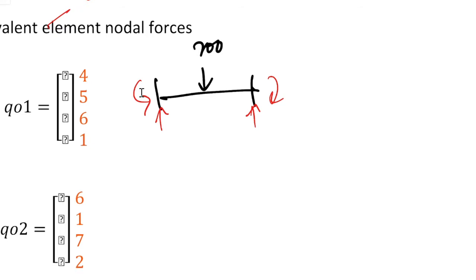The vertical reaction is P over 2, which is 100 and 100 kilonewton, and the fixed end moment is PL over 8. PL over 8 is P is 200 times L is 4 divided by 8. The value is 100 and 100.